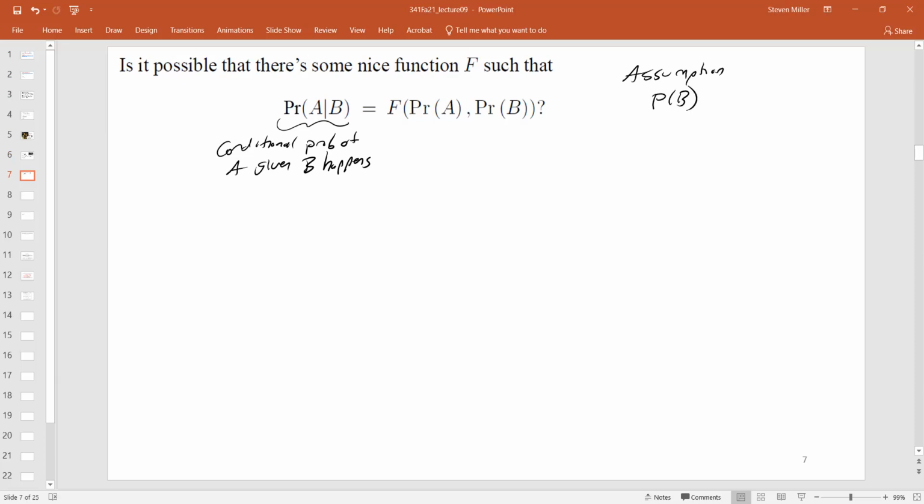What might you want to assume about the probability of B? It's non-zero. Because if I want to talk about the probability of A given that B happens, and B doesn't happen, then we get into a situation where I don't really want to talk about this.